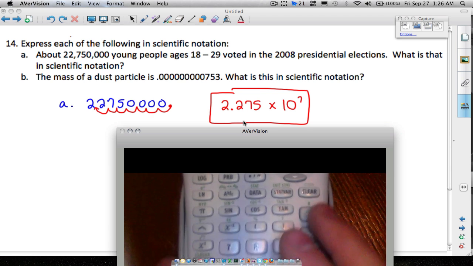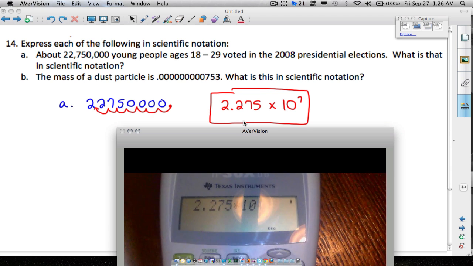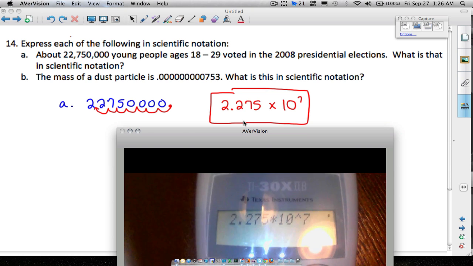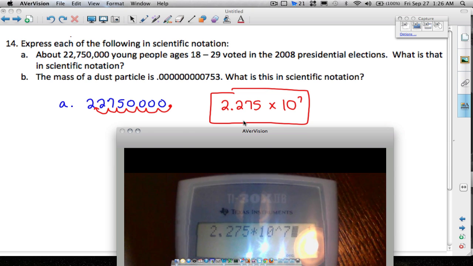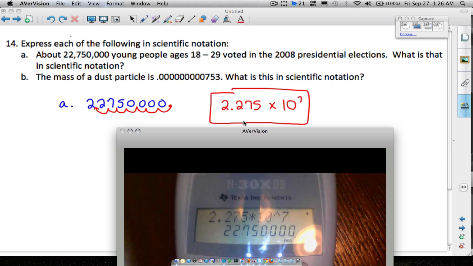Let's raise that to the 7th power. 2.275 times 10 to the 7th. Look at that. 2275, and we got 4 zeros. Well, check out your number. 2275, and you got 4 zeros.